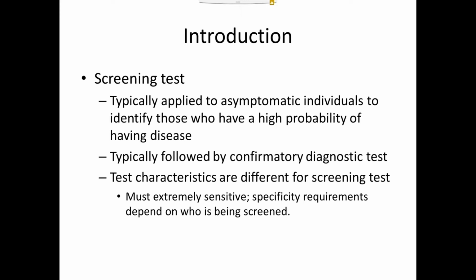So they must be extremely sensitive, and the specificity requirements depend on what the prevalence of the condition of interest is in that population. For the most part, I'm not going to talk about screening tests because they seldom apply in the epilepsy population, but I just wanted to bring up some requirements.